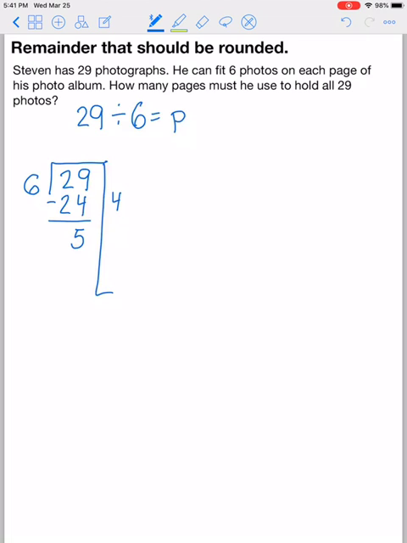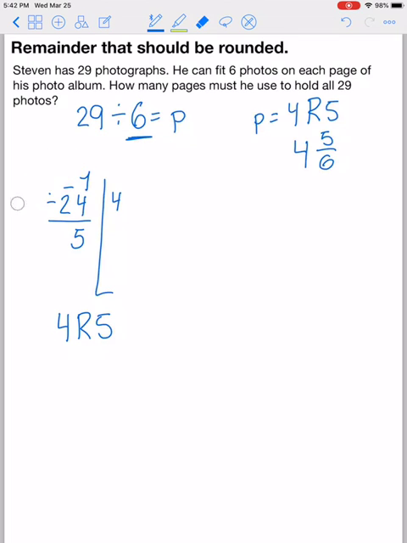So my answer is going to be 4 with a remainder of 5. So that's the answer. So now I know that P equals 4 with a remainder of 5. Or you could write it as a fraction, 4 and 5/6. Because remember, there's 6 photos to each page.